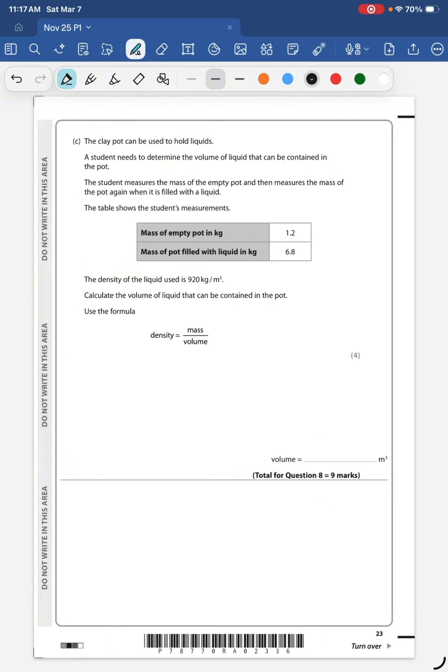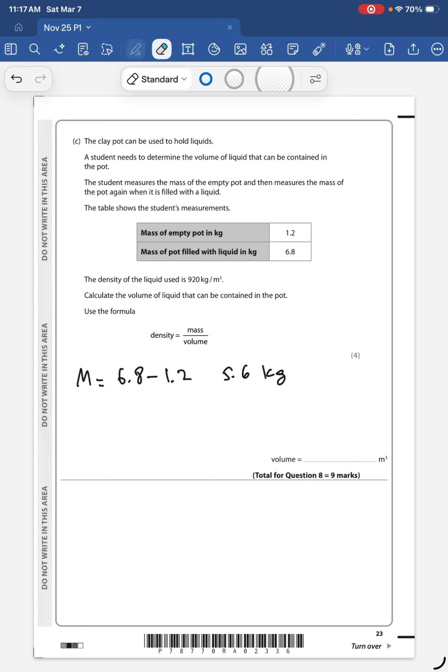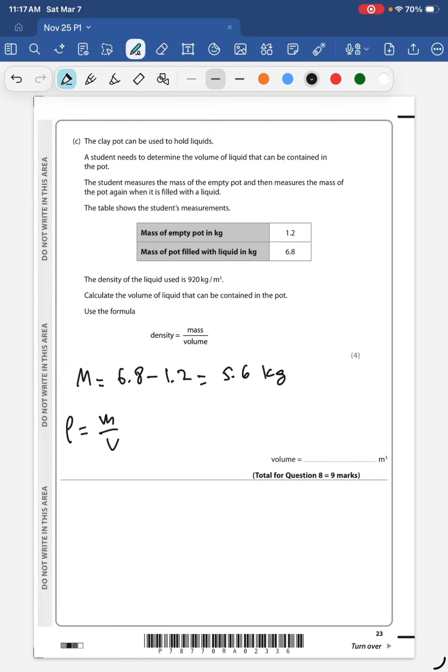So the mass of the liquid is 6.8 minus 1.2, so 5.6 kilograms. Then rho is m over v, so v is m over rho, so that's 5.6 over 920, so the volume is 0.0061 cubic meters.